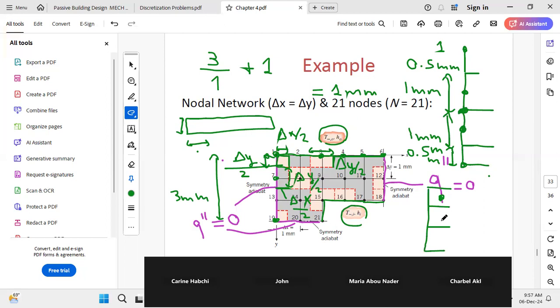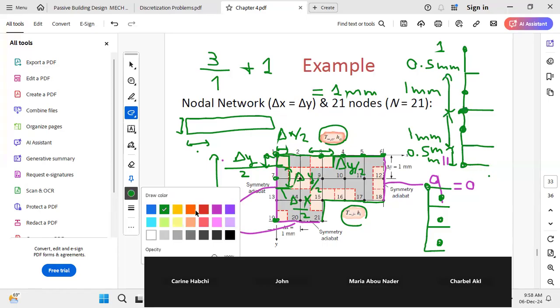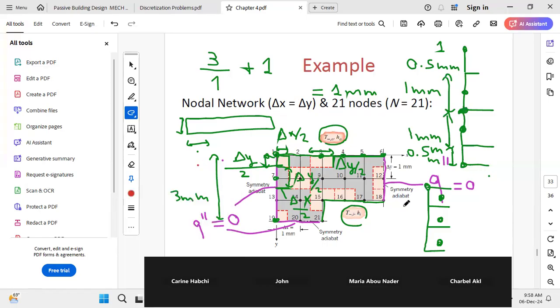You will not have any node on the face. This is the difference, while here you consider that nodes start from the face. In this approach the cells will be divided in a different way. If I put it on the same figure with another color to see the difference, you will have the division in this way.